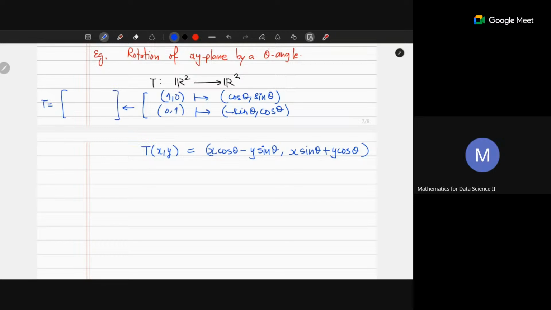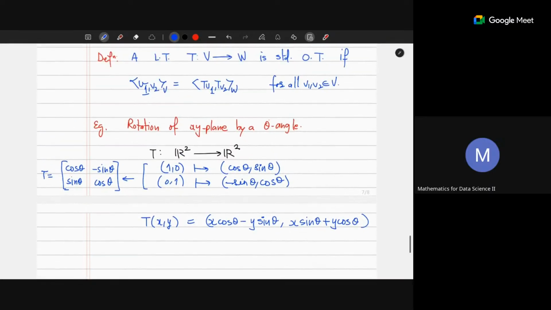The images become the columns, so the matrix will be cos theta, sin theta in the first column, minus sin theta, cos theta in the second. This matrix is called the rotation matrix of the xy plane.